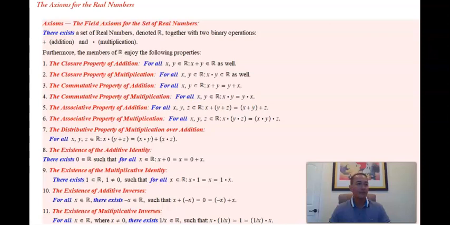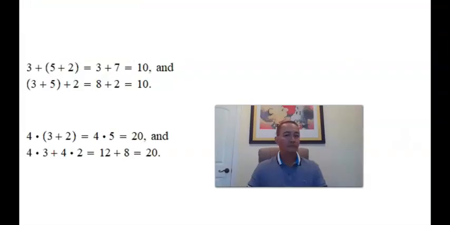We know we can't divide by 0. So this axiom says, for all real numbers x which are not 0, there exists a reciprocal 1 over x, so that when you multiply x by 1 over x, you'll just get 1.